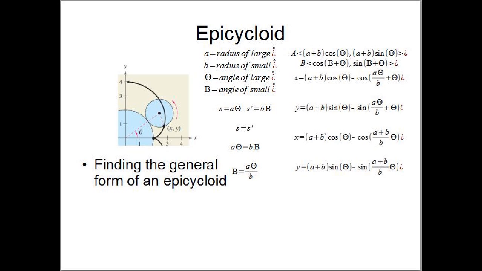And for both x and y, we can finalize the equation by simplifying the fraction: A theta over B plus B theta over B, factor out theta, and our final equation is x is equal to A plus B times cosine theta minus cosine of ((A plus B) over B times theta), and y is equal to A plus B times sine of theta minus sine of ((A plus B) over B times theta).